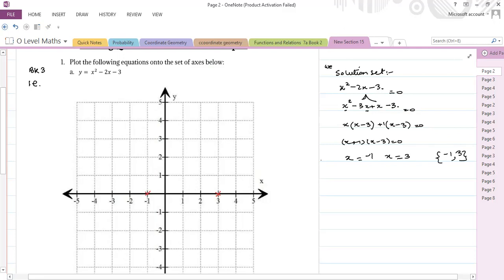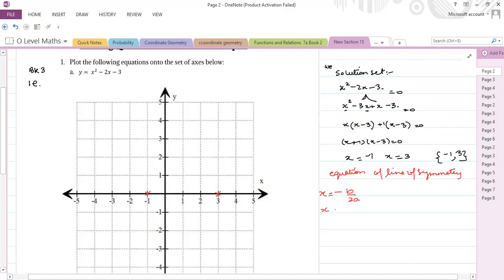Second step: the equation of the line of symmetry would be calculated by minus b over 2a.